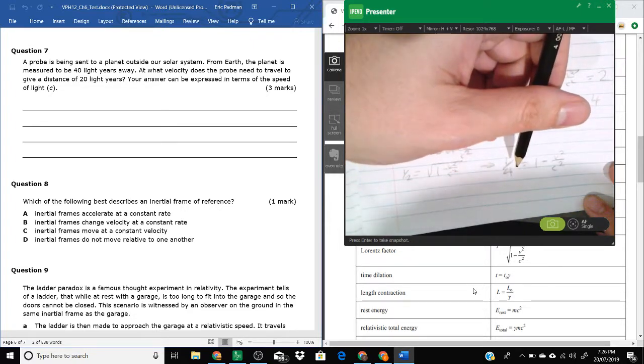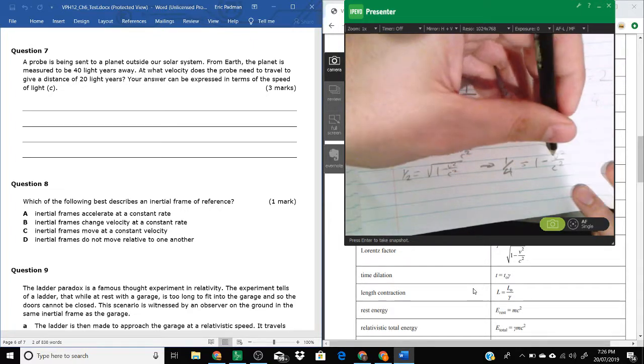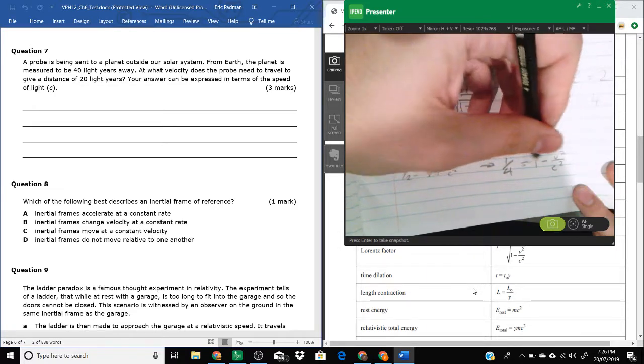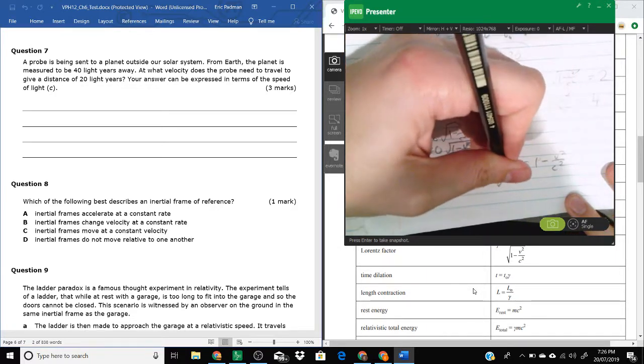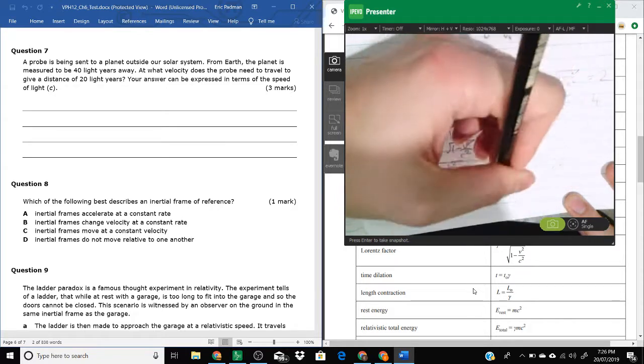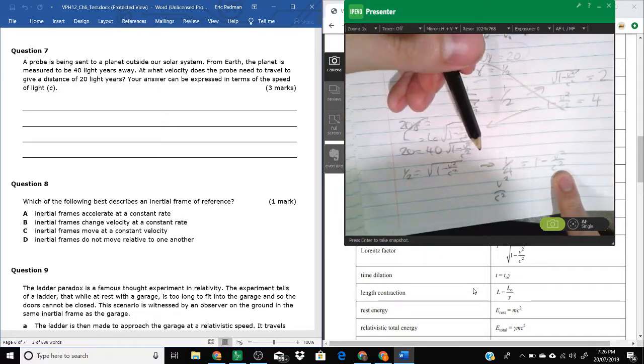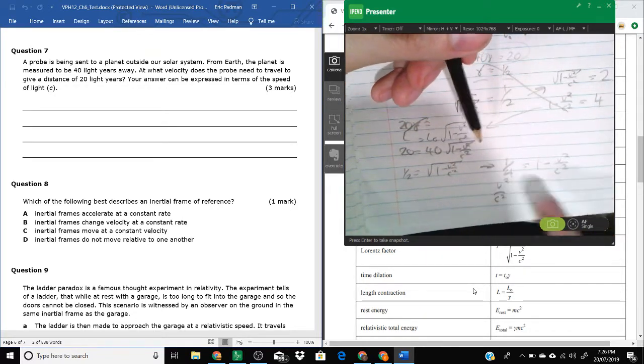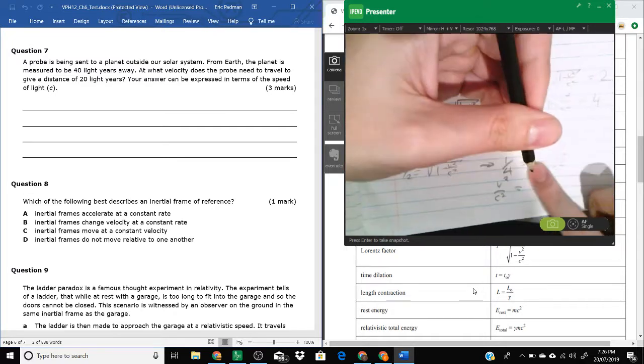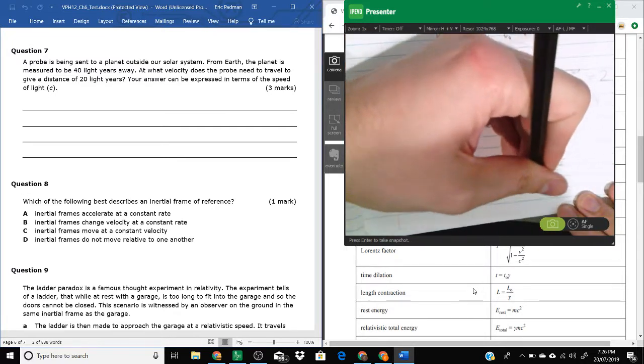I'm going to bring that across. I added v squared on c squared to both sides, and I'm going to subtract 1/4 from both sides. So 1 take a quarter is 3/4.